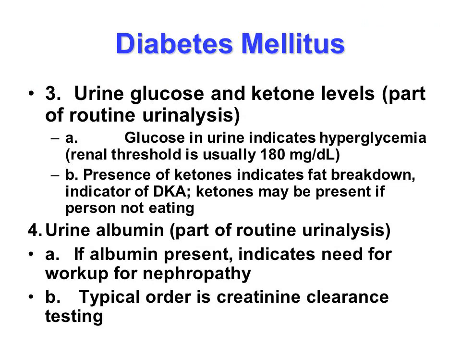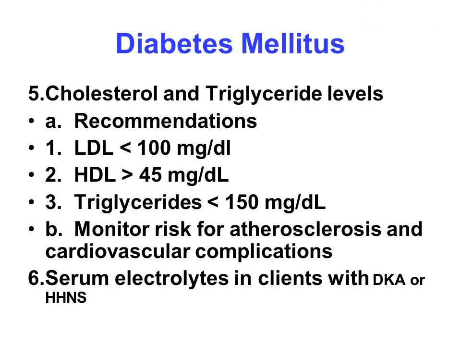4. Urine albumin, part of routine urinalysis. A. If albumin present, indicates need for workup for nephropathy. B. Typical order is creatinine clearance testing. Diabetes mellitus. 5. Cholesterol and triglyceride levels. A. Recommendations. 1.